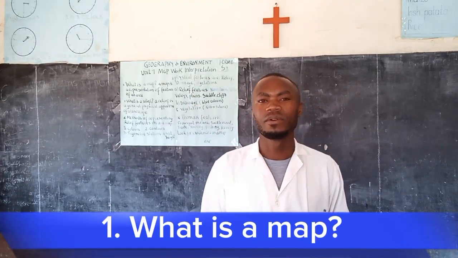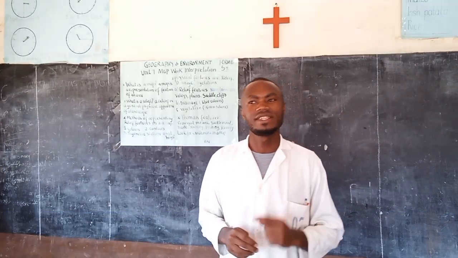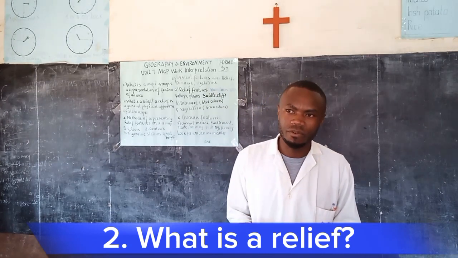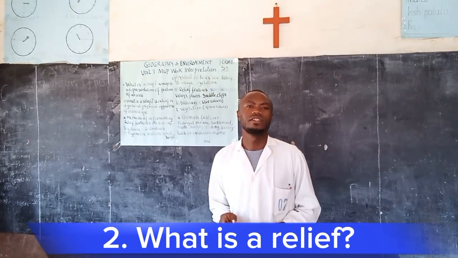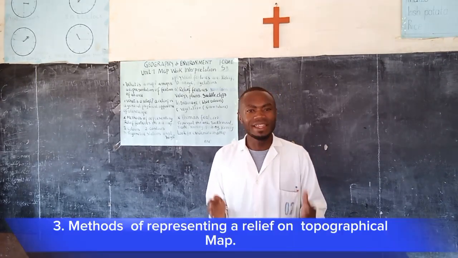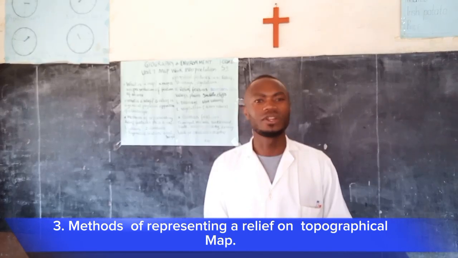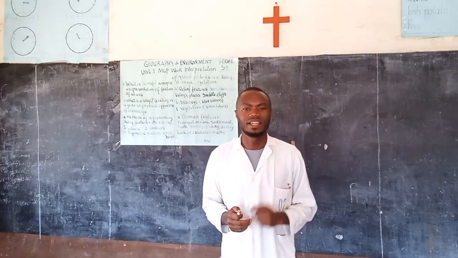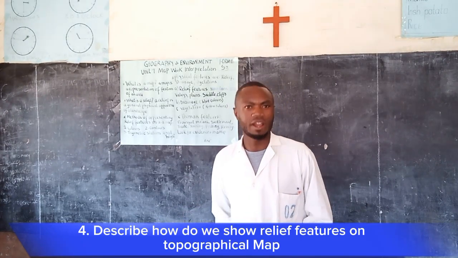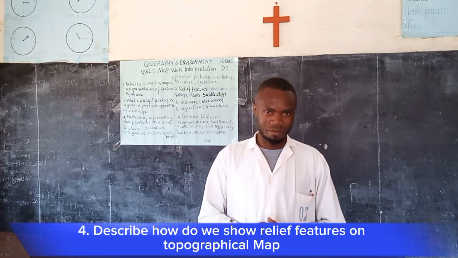What does map mean? Then we see what is a relief, what does it mean on a topographical map? Then methods of representing relief on a topographical map, how do we show relief features on a map?